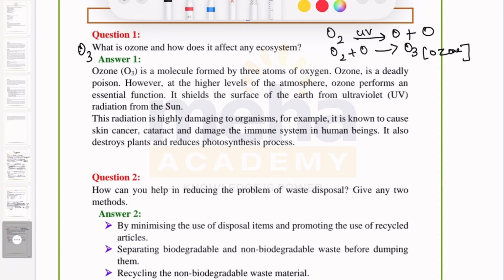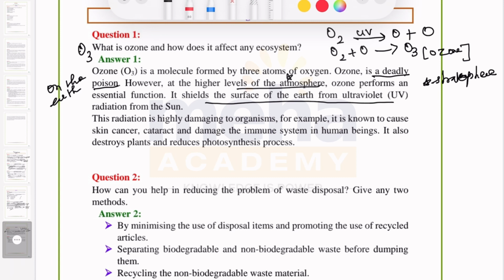Ozone is actually a deadly poison on the earth's surface. But at the higher level of the atmosphere, called the stratosphere, it performs an essential function: it shields the surface of the earth from the ultraviolet radiation coming from the sun.